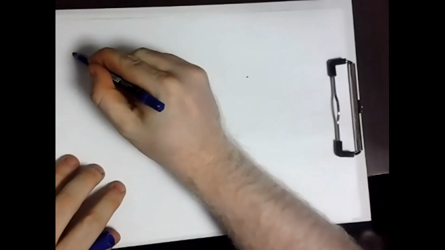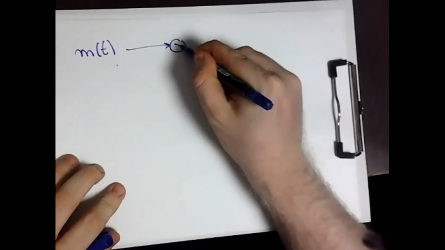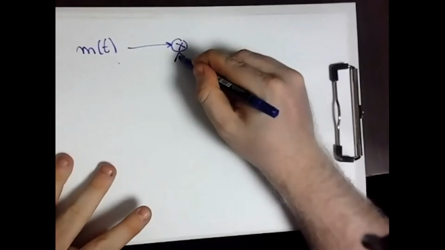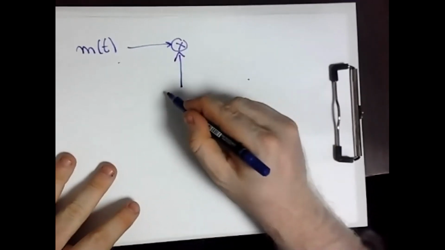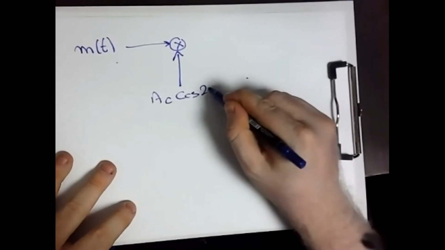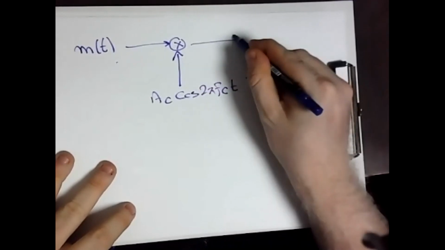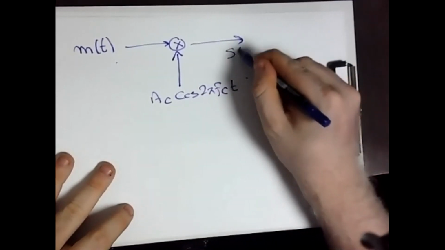Now we have a general m of t signal as your input. Again, you have the same mixer, the multiplier, and here we have this A_c cosine 2 pi f_c t. And now this is the output, s of t.